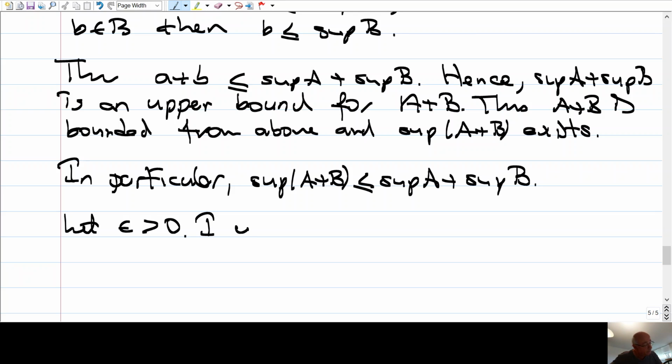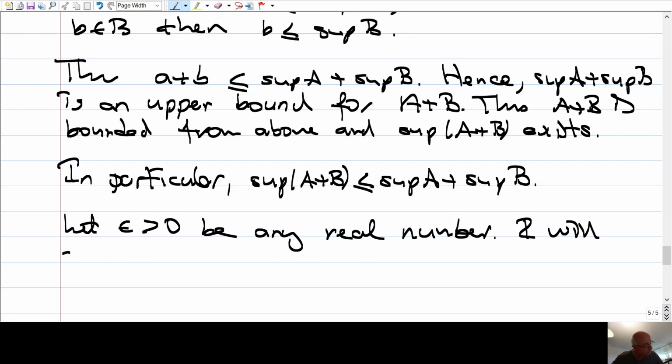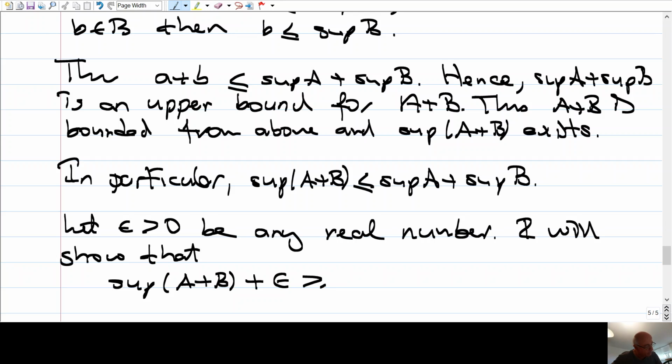I will show that sup(A+B) plus epsilon is larger than or equal to sup A plus sup B.